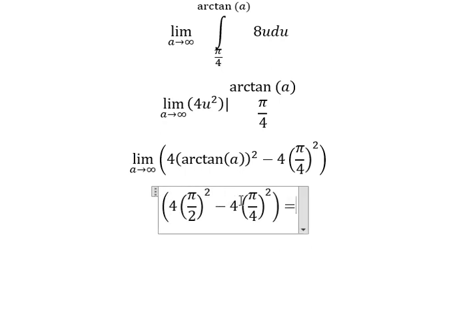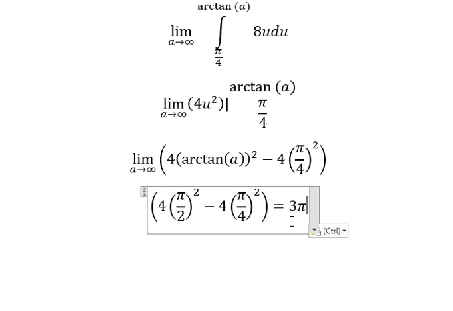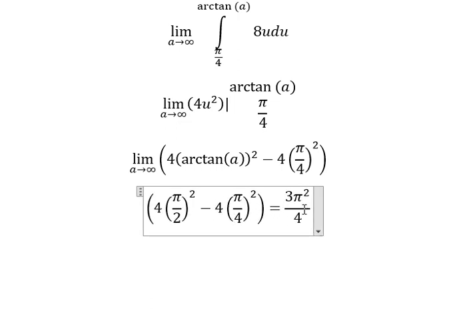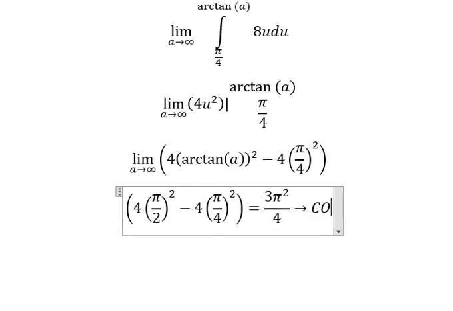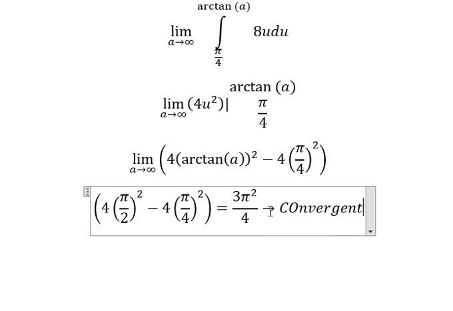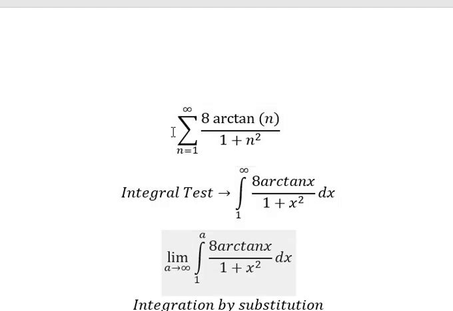So we calculate this one, and we have 3 pi squared over number 4. Because we got the exact value, that is convergent. So we can conclude that this series is convergent.